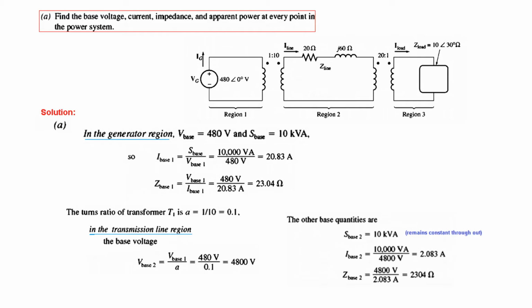So this is for the second region or the transmission region. Remember, this power is same, but the voltage here is from V base we found out 4800. So divided by that we get I base, and then we can use that to find Z base 2.